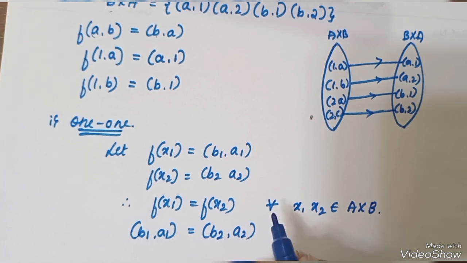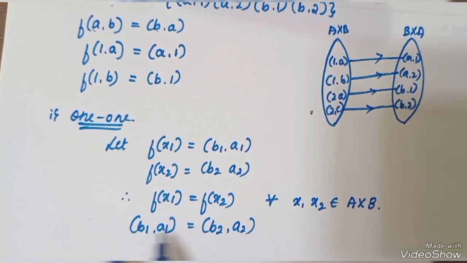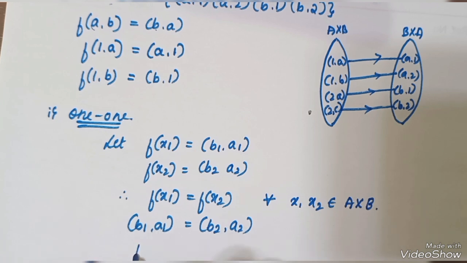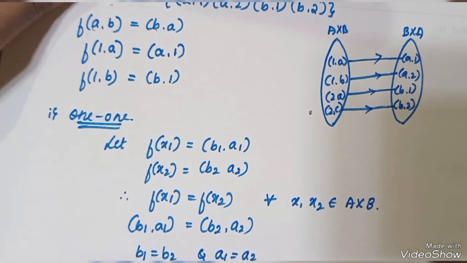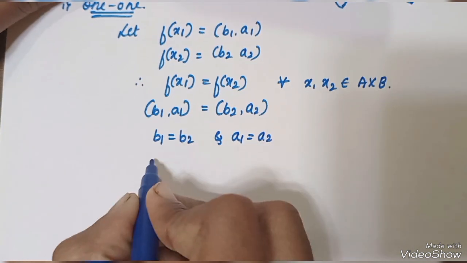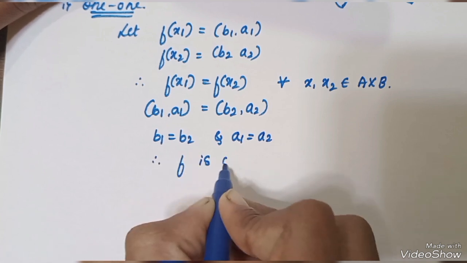We know the result: the first element is always equal to the first element, and the second element is always equal to the second element in the ordered pair. From this we can say b1 is equal to b2 and a1 is equal to a2. Therefore f is one-one.